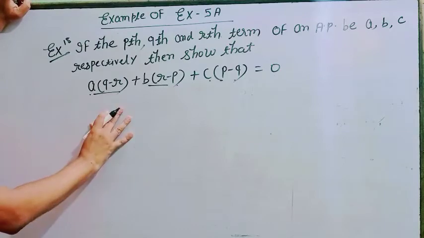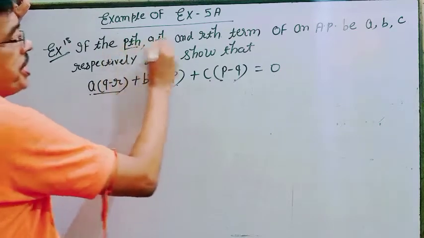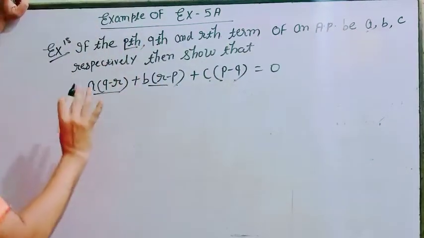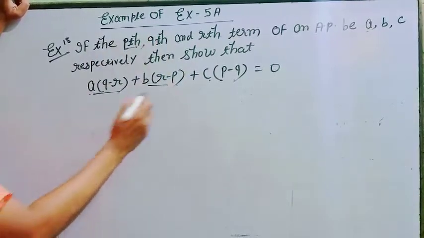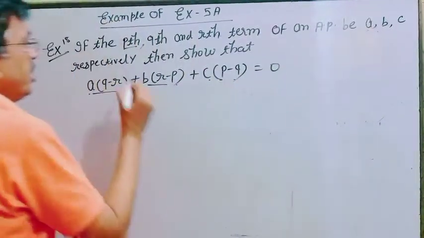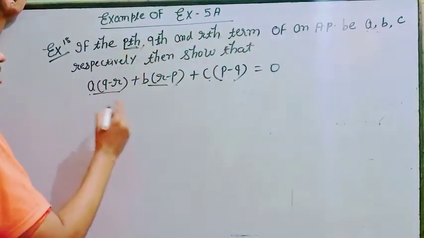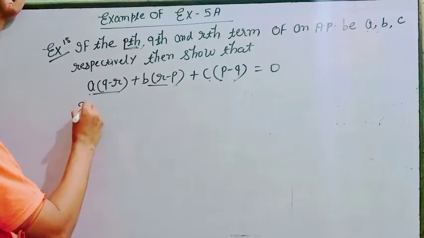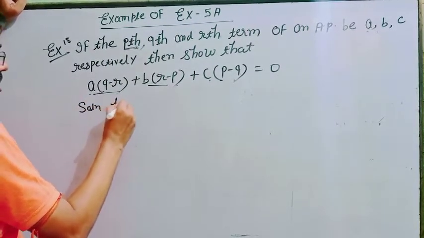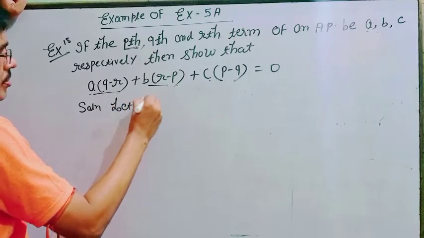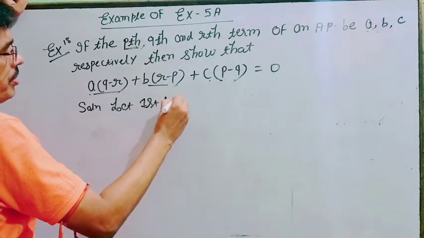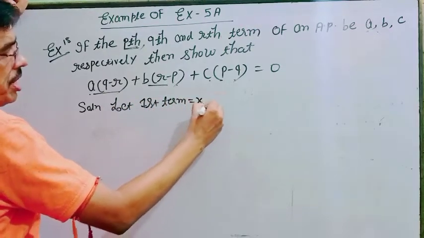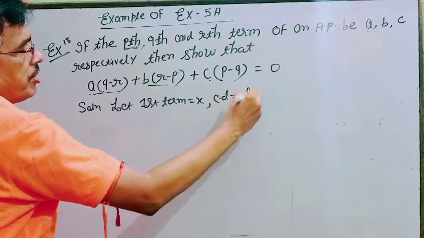Dear student, in this question the pth term is given as A, so you don't suppose the first term is A, because A, B, C are given here, so your pth term is A. So suppose in the solution that the first term is equal to x and the common difference is equal to d.